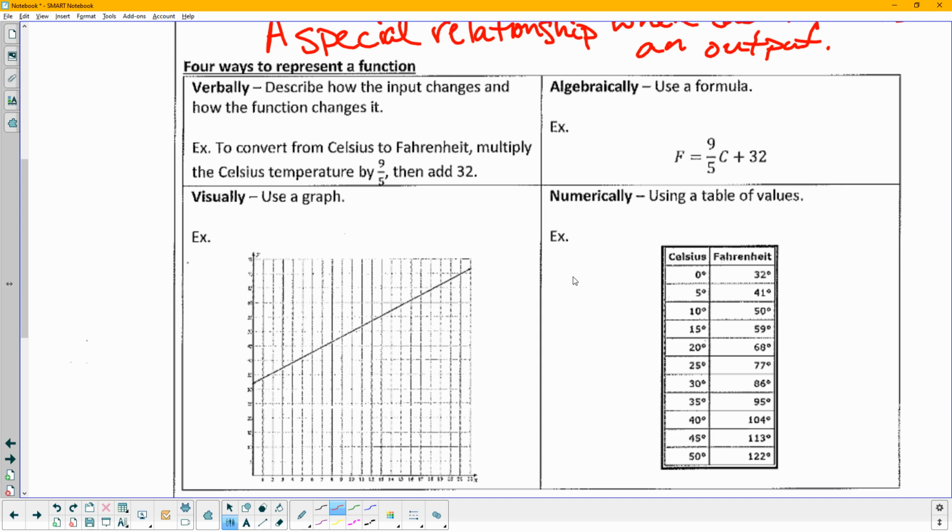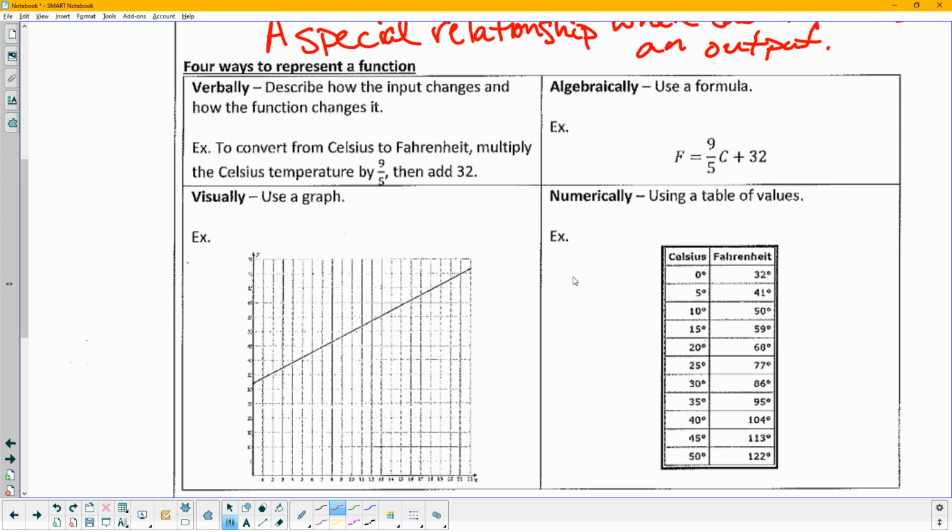So the idea is to convert Celsius to Fahrenheit: multiply the Celsius temperature by 9/5 and then add 32. You can do it algebraically using a formula, which is taking a verbal expression and turning it into an algebraic equation.